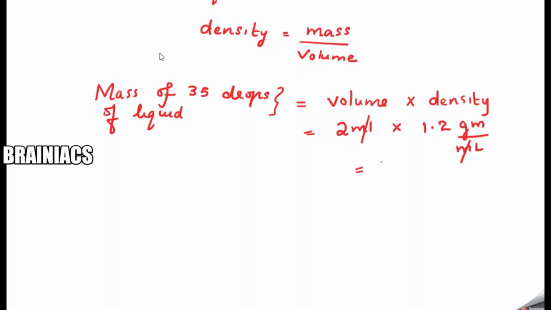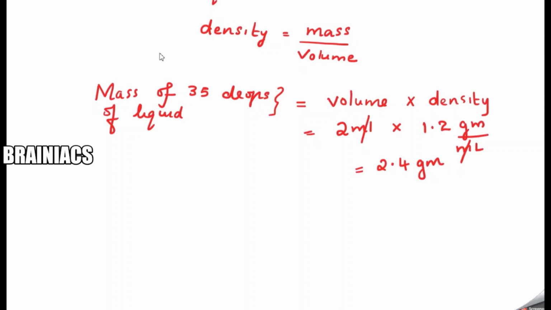So this will become 2.4 gram. Correct. So mass of 35 drops of liquid is equal to 2.4 gram.